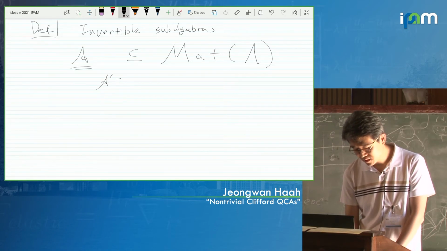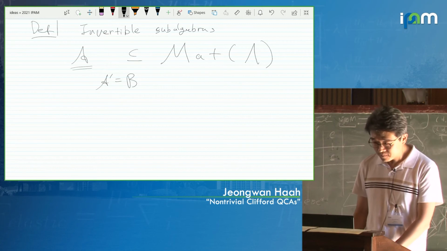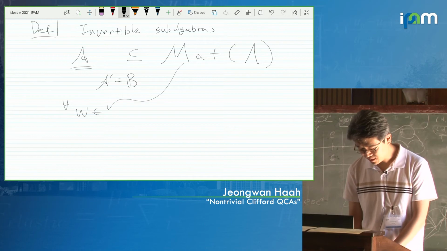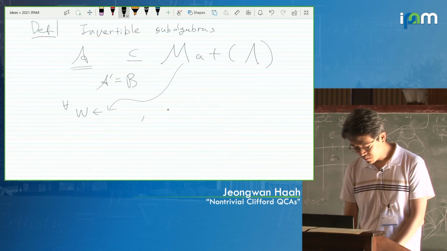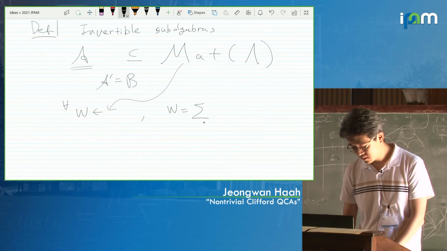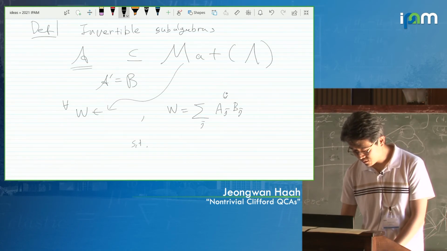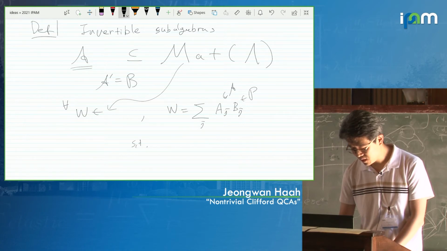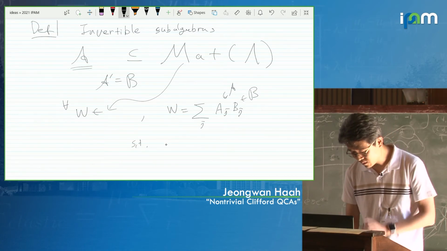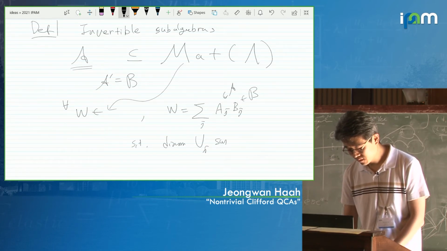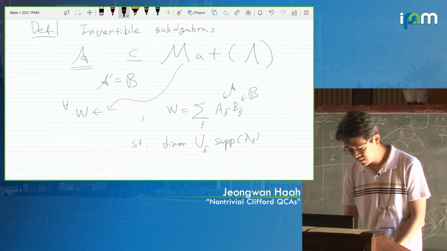A comes with a commutant. Let me denote it by B. And for any element in the mother algebra, there is a decomposition such that A belongs to A, B belongs to B, the commutant of A, and with the locality condition: the diameter of the union of supports of all these things should be smaller than some constant.